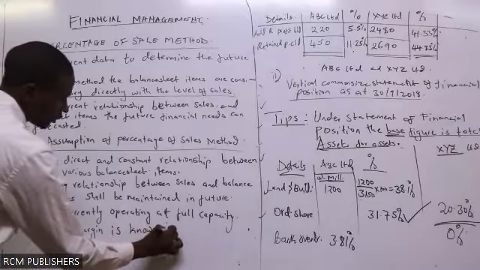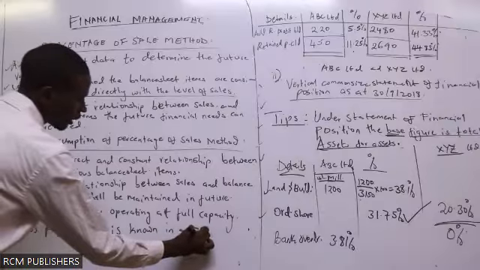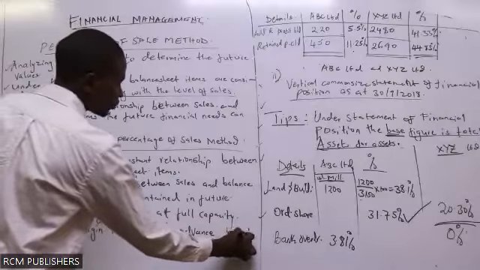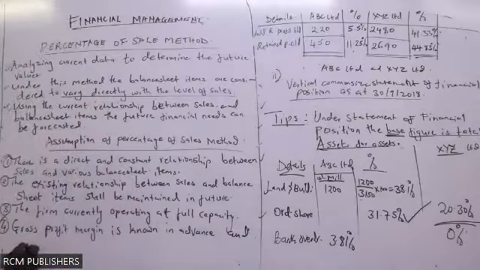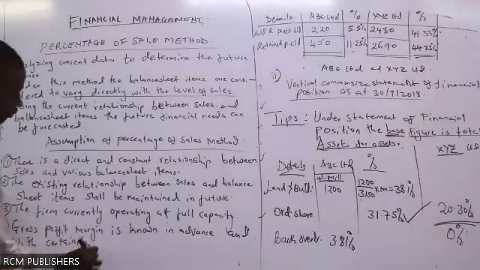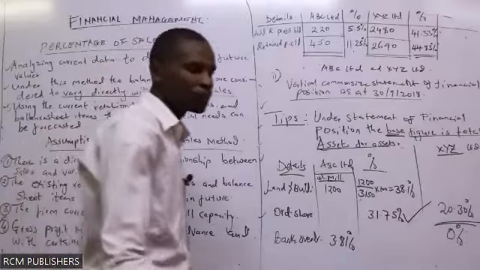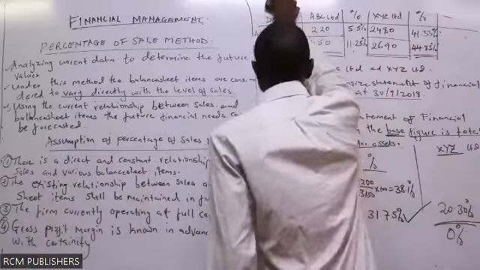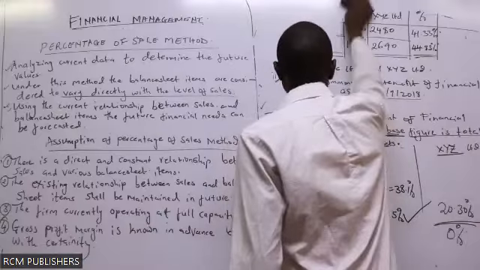So when we shall be doing an illustration, these are the assumptions that we shall be using. It's known in advance and with certainty. Hii inajulikana kabisa, with no doubt.